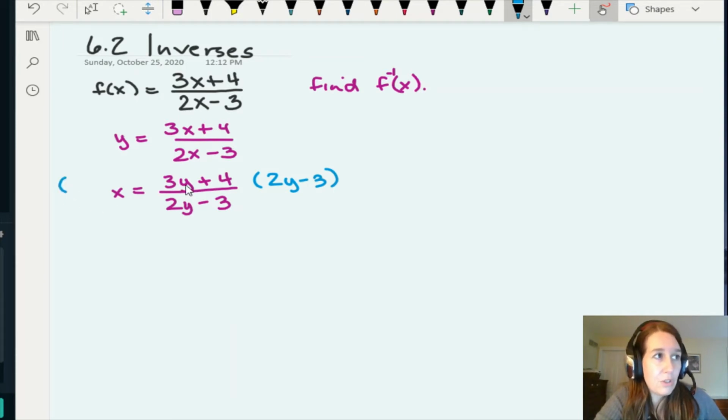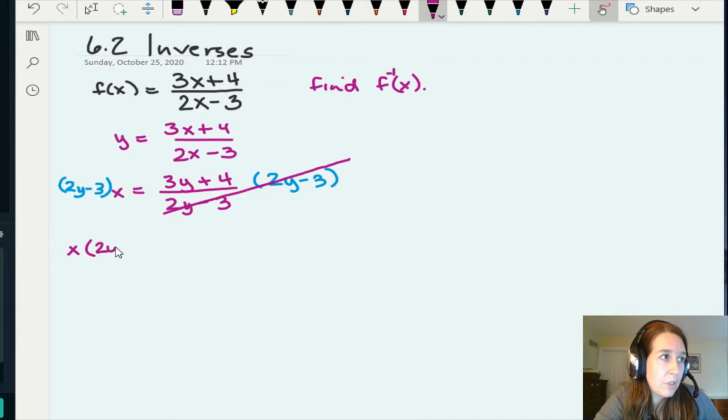I know there's two y's, sure, but really that y in the denominator is our first problem. Okay, so multiply both sides by 2y minus 3. That's how we get rid of the y in the denominator. We're going to get rid of that entire denominator. So on this side, we have x times 2y minus 3, and on this side we have 3y plus 4.